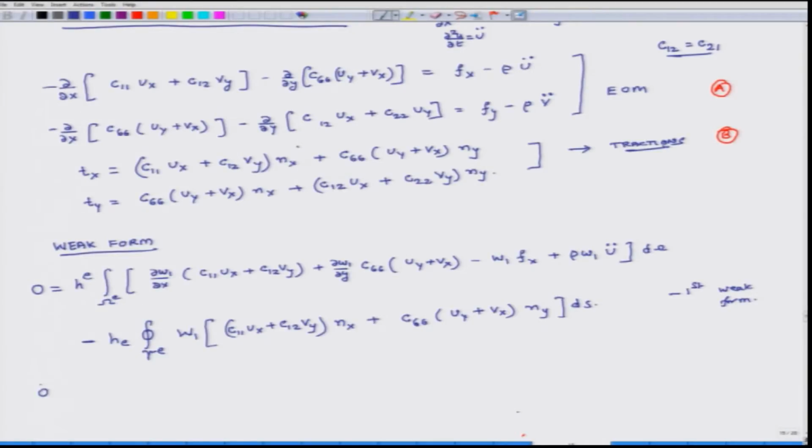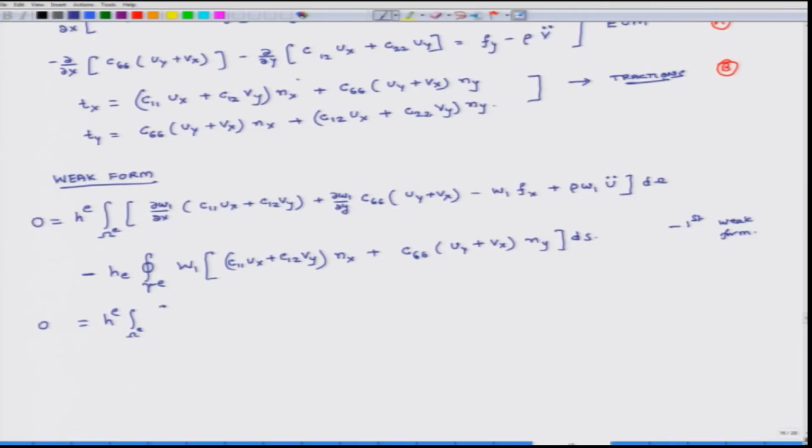Similarly, from the second equation, we are going to multiply it by which weight function? W2. It is a different weight function.